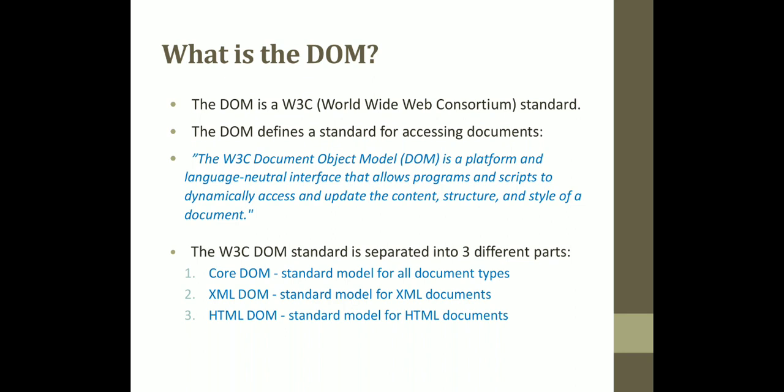This W3C is the World Wide Web Consortium. The standard is separated into three different parts: core DOM, XML DOM and HTML DOM. Core DOM is the standard model for all document types, XML DOM is for XML documents, and HTML DOM is the standard model for HTML documents.